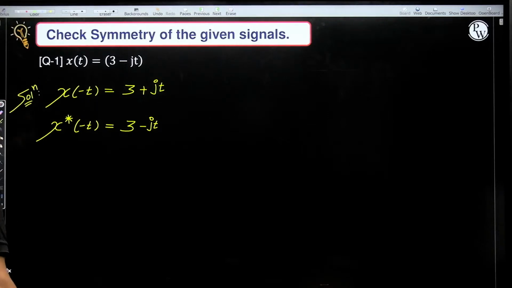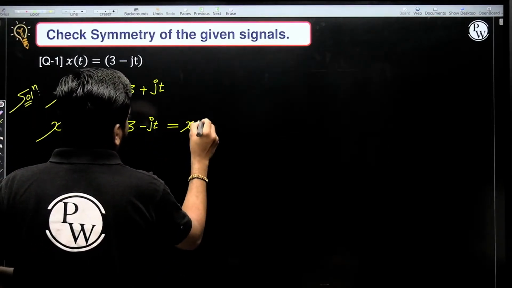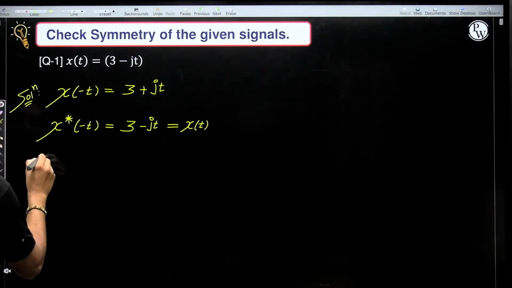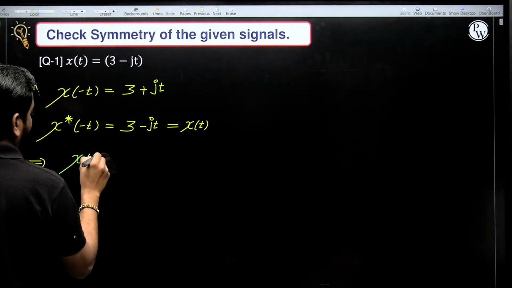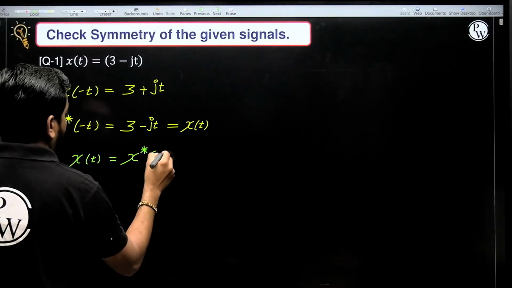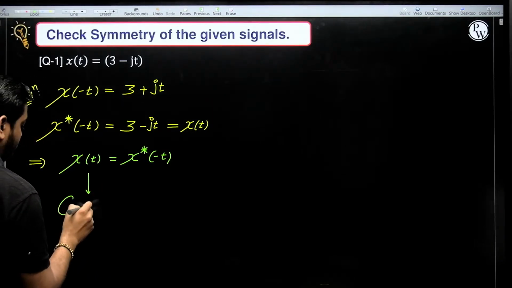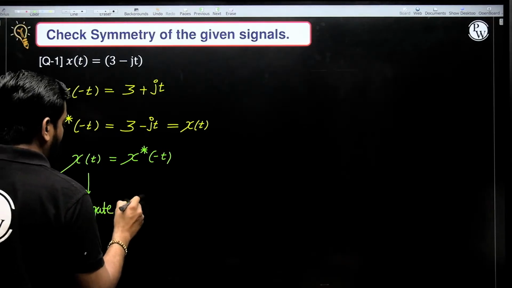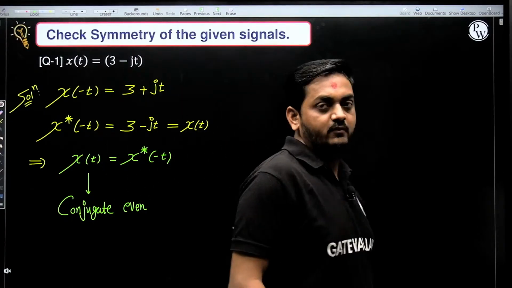So x of t equals x conjugate of minus t. That's why this x of t is conjugate even, conjugate symmetric. Very good.